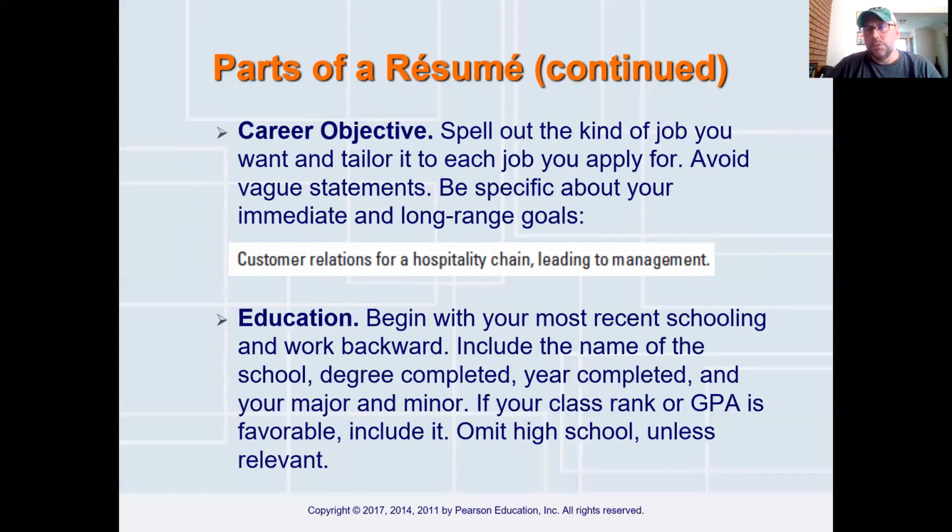However, I think objectives push it over the threshold a little bit because you can be specific with a company. You can look at that company and say something like, to perform customer relations for a hospitality chain, leading to management with Hilton or whatever company that you might be applying to. Buzzwords, name dropping, all that good stuff only works to help you.